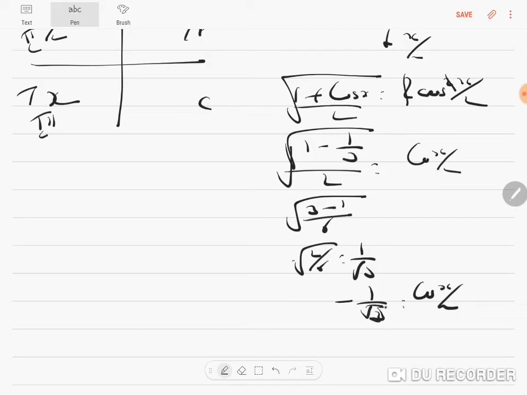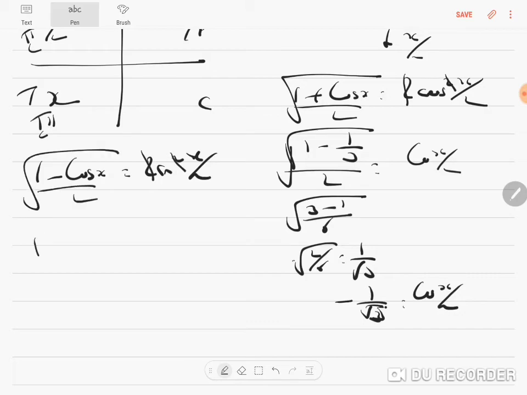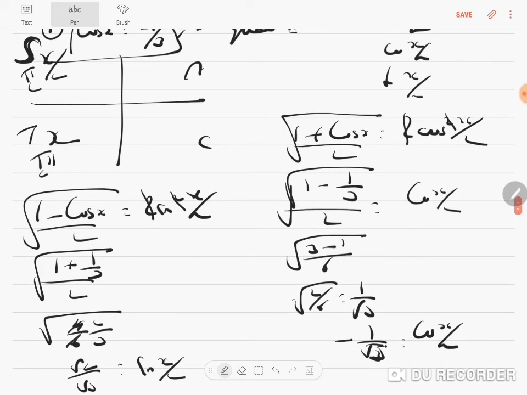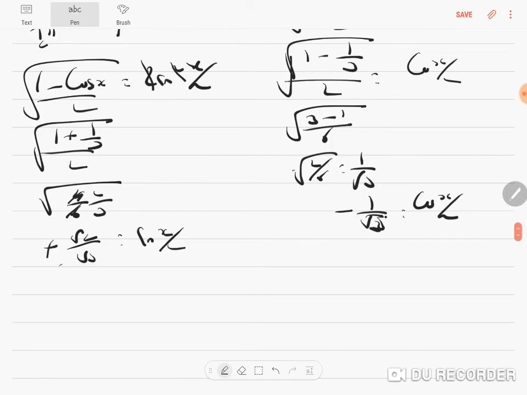Suppose you want sin x by 2: 1 minus cos x is 2 sin square x by 2. So this comes down, the root goes here, and it will become root of 1 plus 1 by 3, by 2, which will become 3 plus 1, 4 by 6, which is 2 by 3. So root 2 by root 3. Again, this is sin x by 2, and x by 2 is in the second quadrant, so sin is positive.